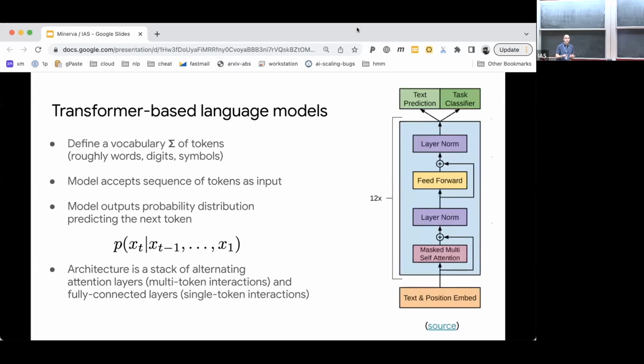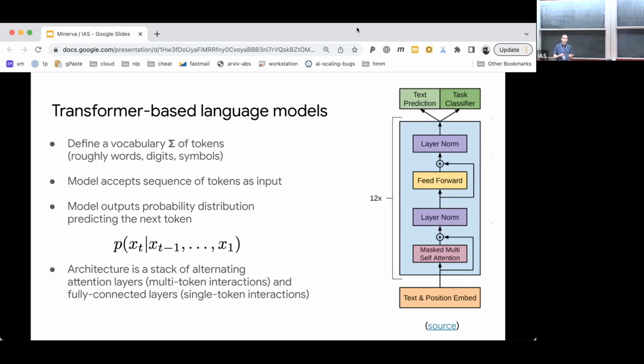I'll assume a basic familiarity with neural networks and deep networks, something at the level of fully connected or feed-forward networks and how we train them with gradient descent, and I'll try to build on that. So when we're dealing with language, we typically start by defining a vocabulary of tokens.